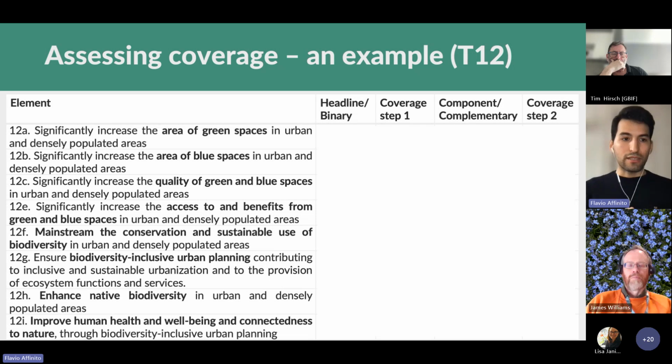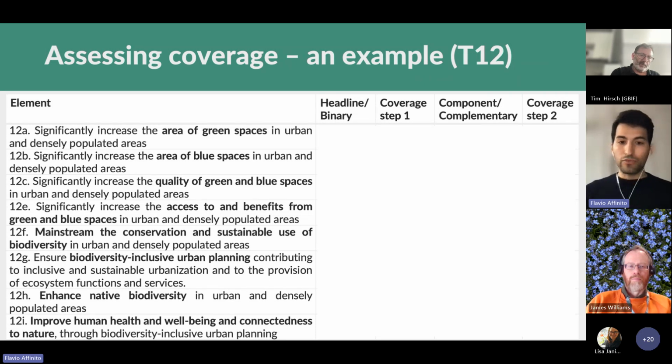In target 12, it's got elements looking at increasing the area of green spaces, the area of blue spaces, the quality of green and blue spaces, the access to and benefits from these green and blue spaces. Then we're talking about mainstreaming the conservation and sustainable use of biodiversity, ensuring biodiversity inclusive urban planning, enhancing native biodiversity, and improving human health and well-being and connectedness to nature.